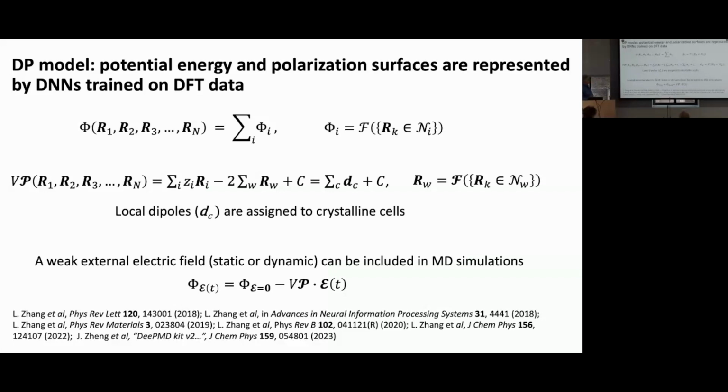And there is a constant here in this representation that is called the polarization quantum, and depends on the periodicity of the lattice.